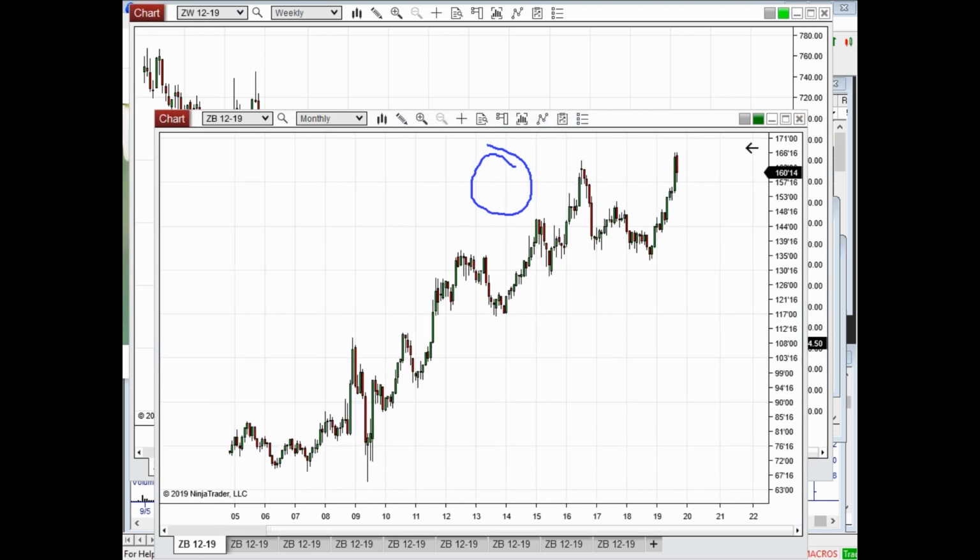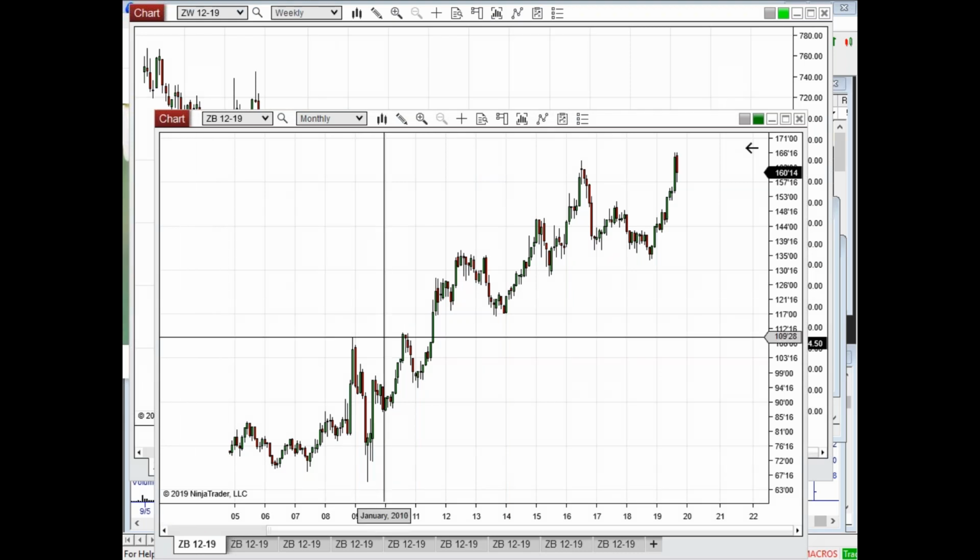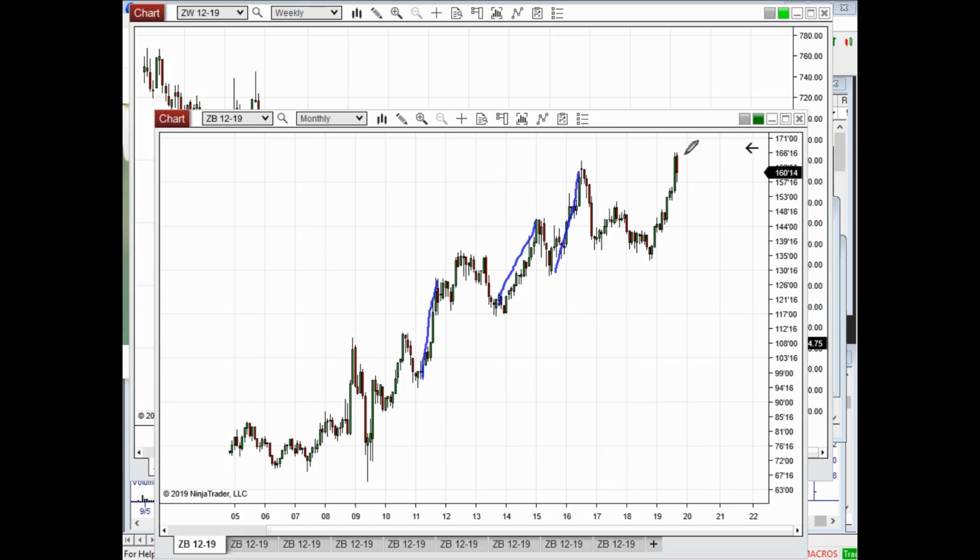Monthly chart, we're nearing pretty close to some of these larger impulse moves as far as the size on this. Now there is the potential that this can treat this like this is our main move up.